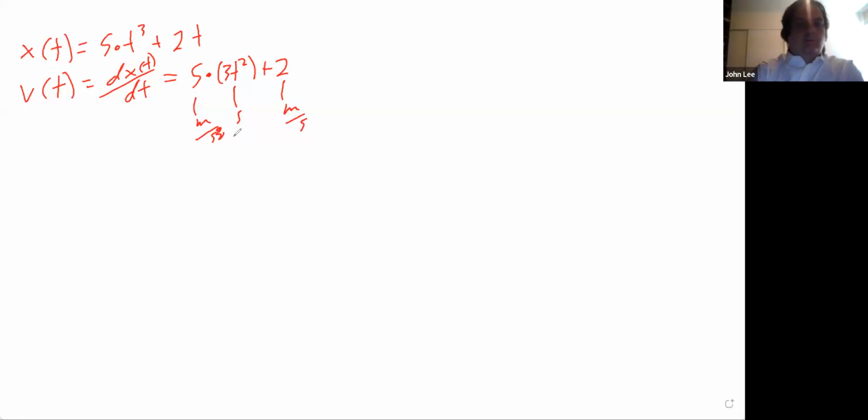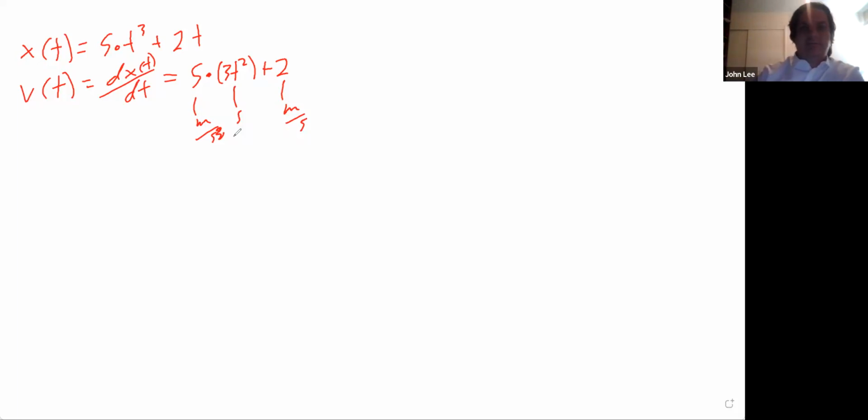So yeah, that's just some constant 5 meters per second cubed times 3t squared plus 2 meters per second is going to give you your velocity over time versus x of t.